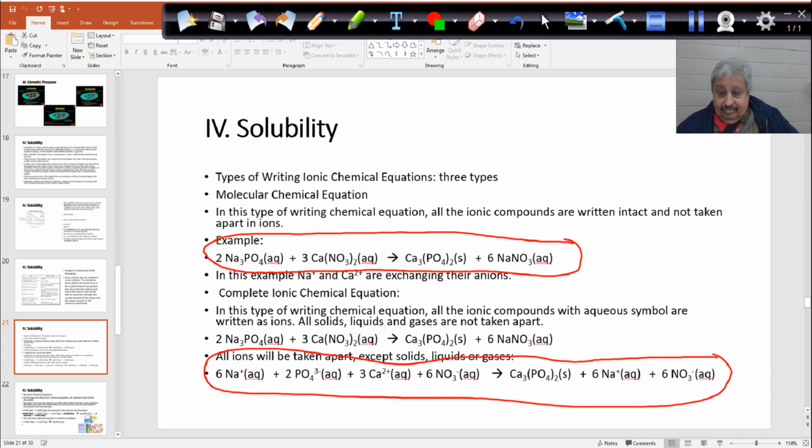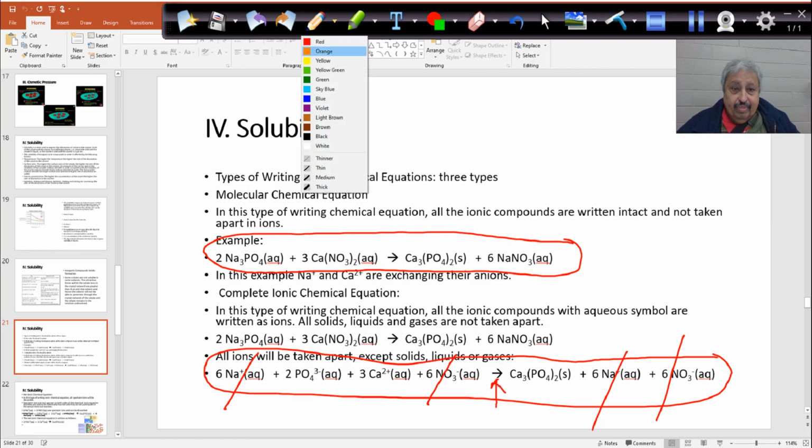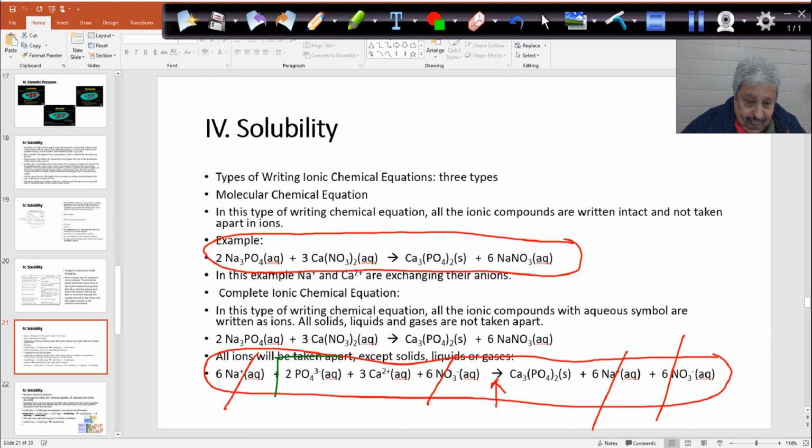Then you have to look at the other side. We have nitrate on the other side, that's your arrow here. This is 6, this is 6. That's a spectator ion. Sodium 6, sodium 6. So the real reaction is between phosphate and calcium to give you the solid one. This is the net ionic chemical equation, correct?